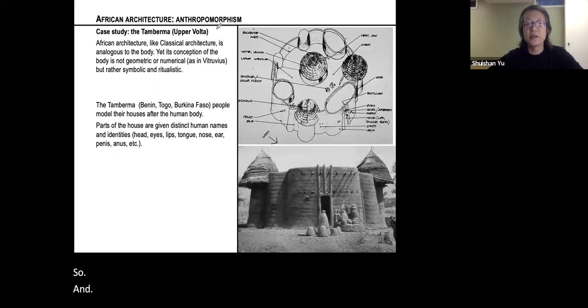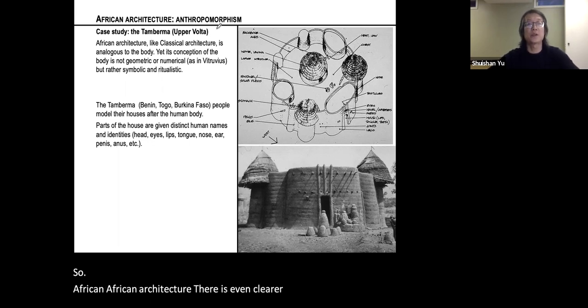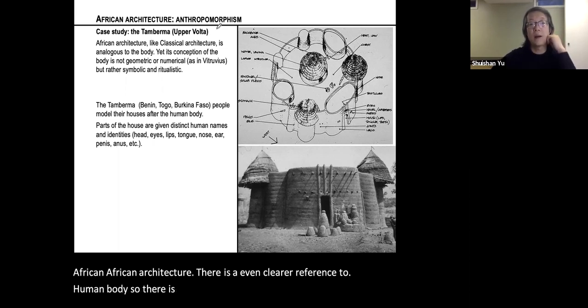In African architecture, there's an even clearer reference to the human body. There is a more obvious anthropomorphism in architecture.